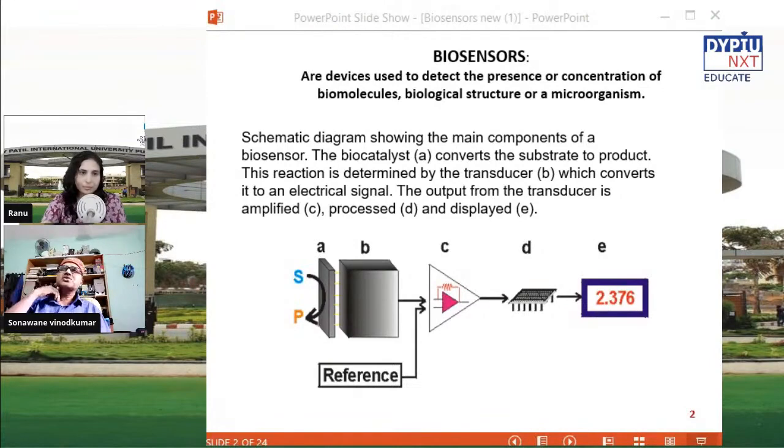A biosensor could be a biocatalyst, which converts substrate into product. Biosensors recognize a molecule which binds to the biomarkers. The recognition molecule could be an aptamer, enzyme, antigen, antibody, or maybe nucleic acid. It leads to a signal, right?